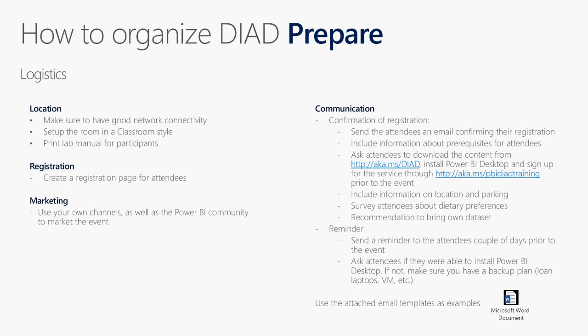Now, as I said, the content usually updates every month, so we usually recommend asking the attendees to download the content 4 to 5 days prior to the event, and not very long prior to the event. Otherwise, they'll be using a different version of the content than the one that you might be presenting in the class.